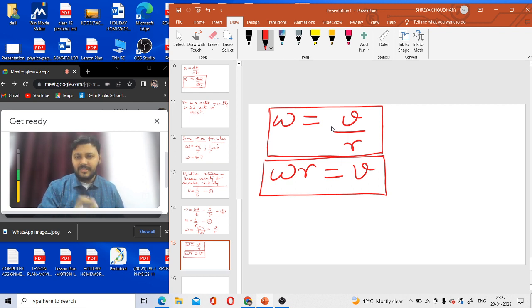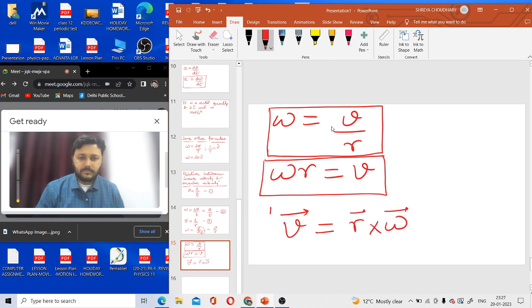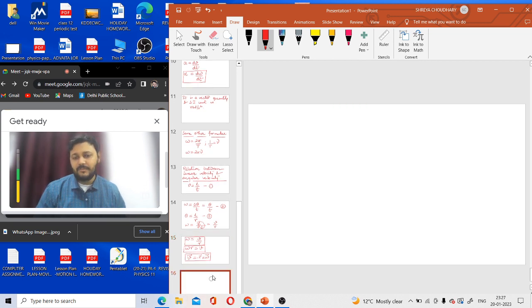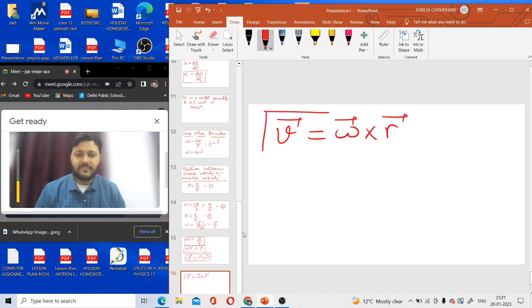So in vector form, v is equal to r cross omega with a negative sign, or if I write it in positive values, v equals omega cross r. This is the formula in positive.